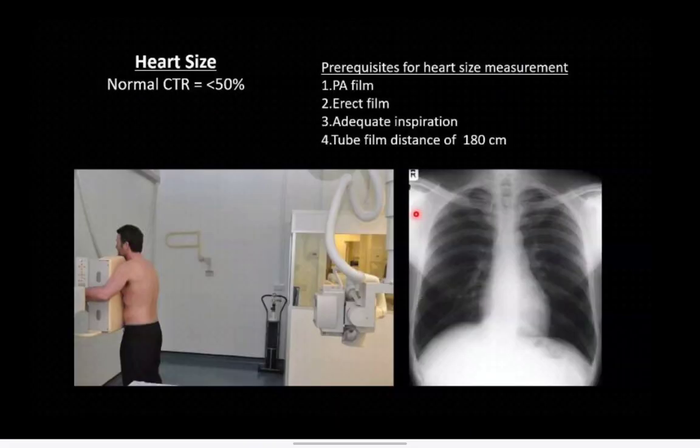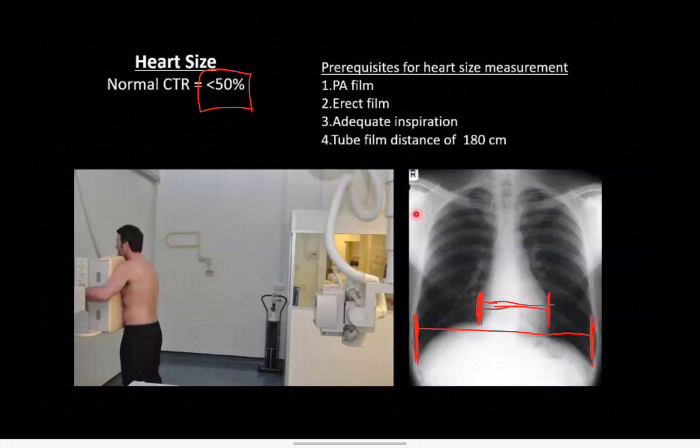Moving to how to measure the heart size or the cardiac size in a chest radiograph. We can use the ruler in the computer system to measure the diameter of the thoracic cavity, and then measure the cardiac contour. This should be not more than 50%.